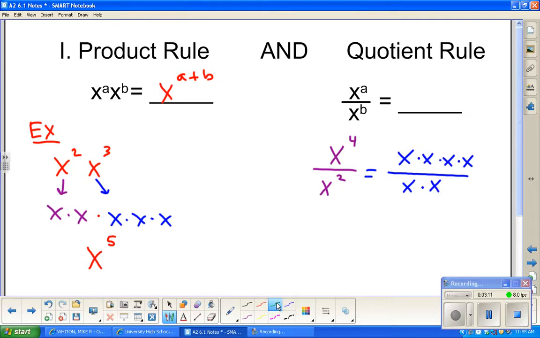And then what happens when we start canceling? We had 2 up top that cancel the 2 on the bottom, because remember anything divided by itself cancels out to be a 1. So we're just left with x squared. And what could we have done with the exponents? Subtract. Okay, this is a subtraction: x to the a minus b.